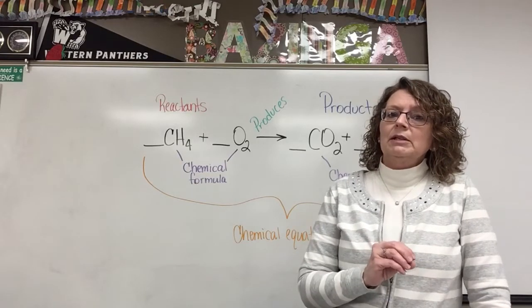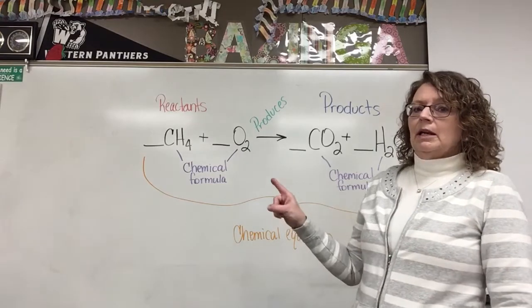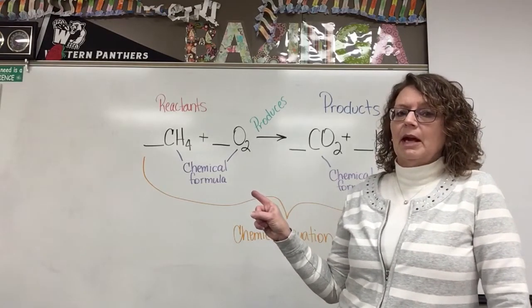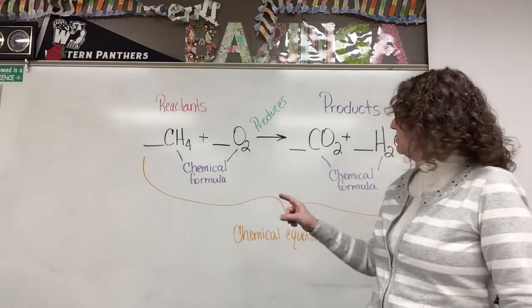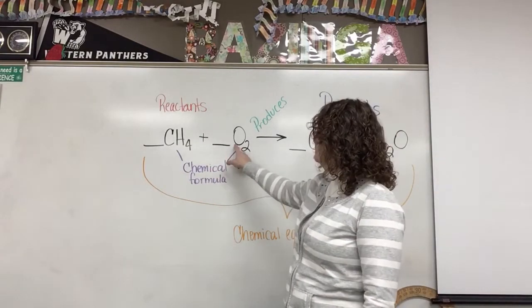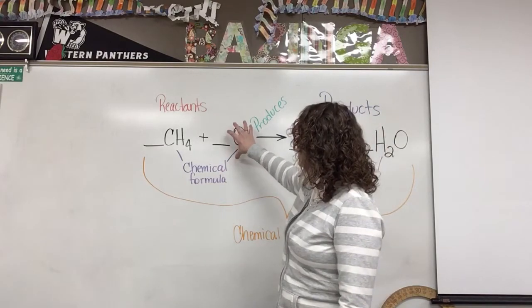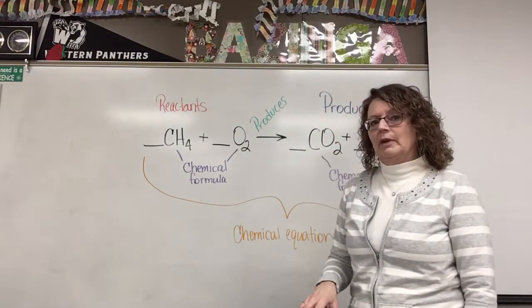So now we're going to get to the nitty-gritty. Chemical formulas, with the subscripts, tell us the number of atoms of each type of element in that chemical formula. Okay?